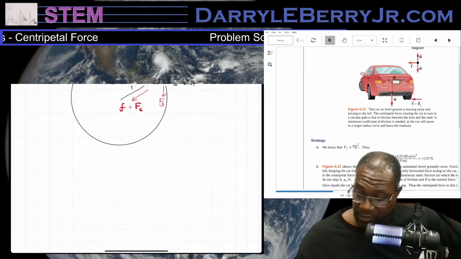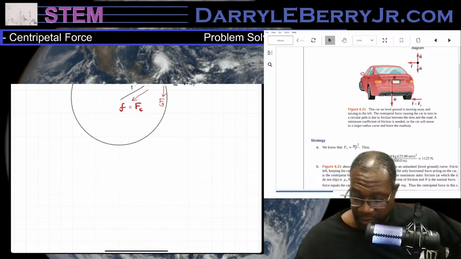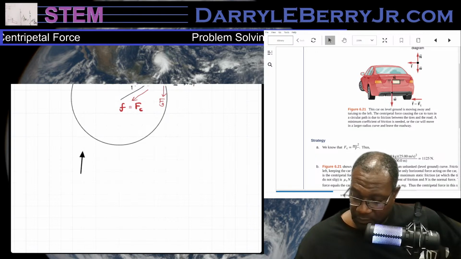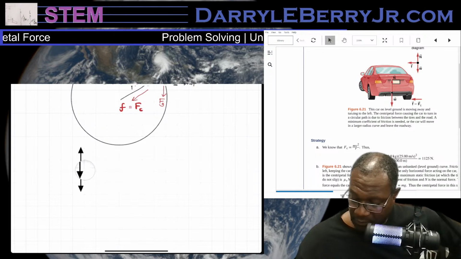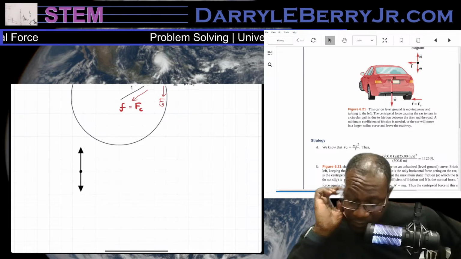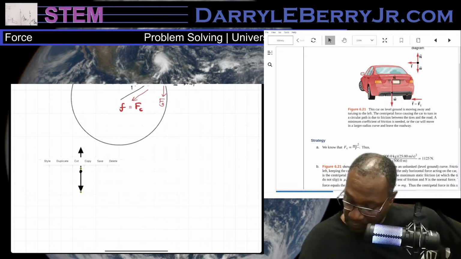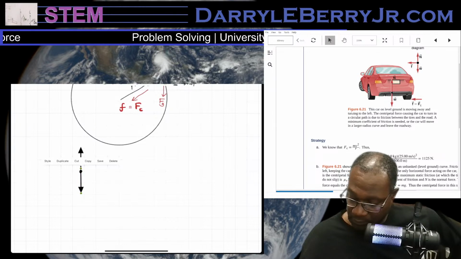So looking downward, or I guess horizontal, these are going to be equal.